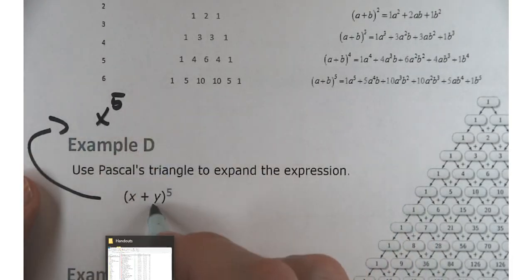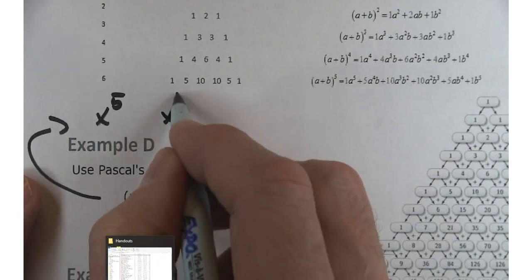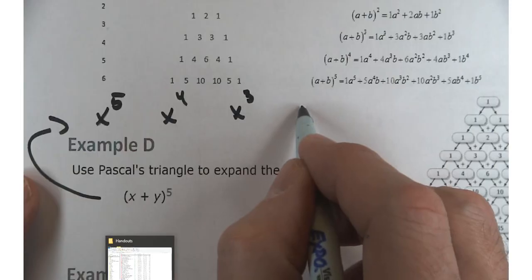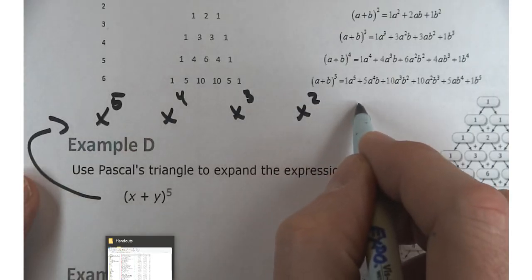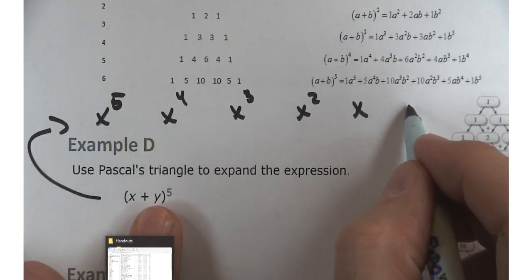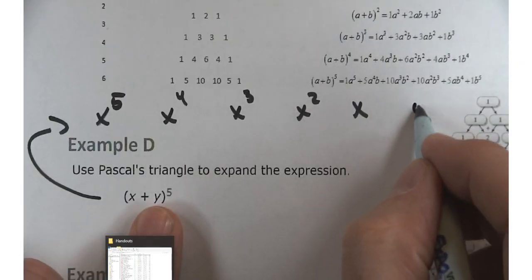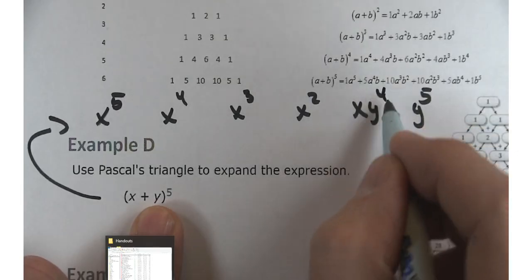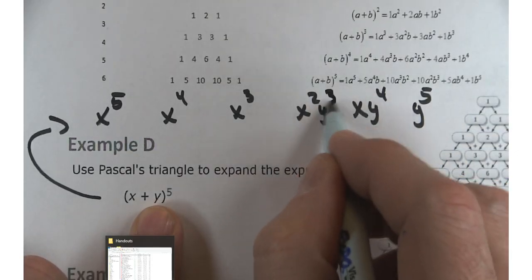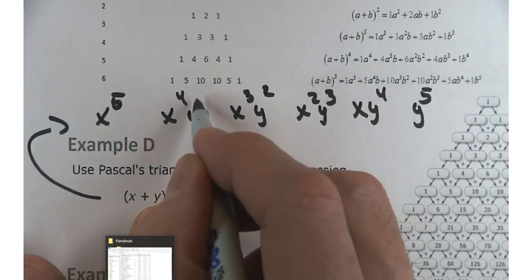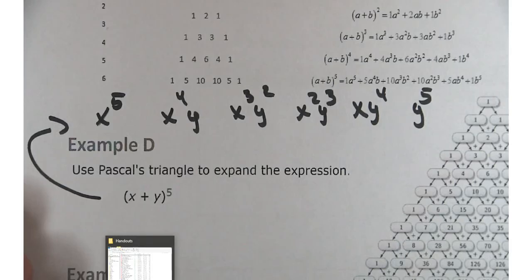They're going to decrease, right? So it'll be x to the 4th, and then an x to the 3rd, x to the 2nd, and then an x. And then now we got to account for the y's. So I'll do y to the 5th, y to the 4th, y to the 3rd, y to the 2nd, y to the 1st, and then that's it.